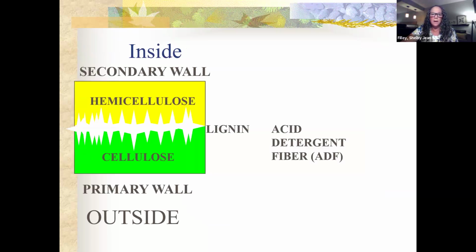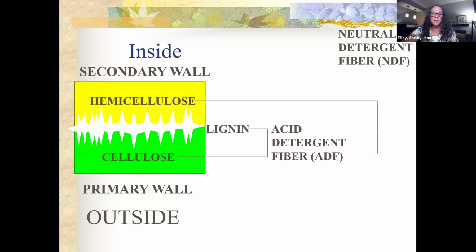And here's where the acid detergent fiber is. It's actually a measure of the cellulose and lignin. And remember, that's related to digestibility. Those are less digestible than the hemicellulose, which, all three of them, makes up neutral detergent fiber.